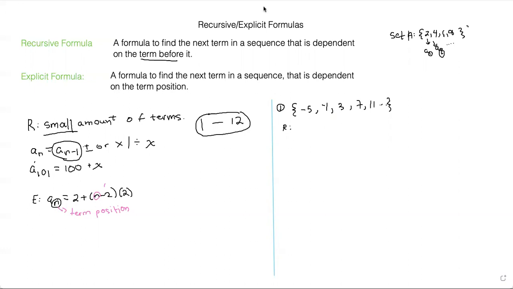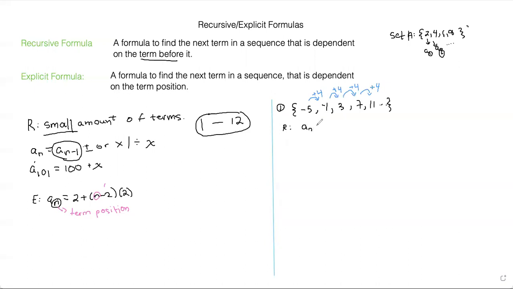I have to add 4, add 4, add 4. So I'm seeing a common pattern that in order to get to my next term, I have to add 4 to the previous term. So that's exactly what we're going to write, just in a fancy way, right?